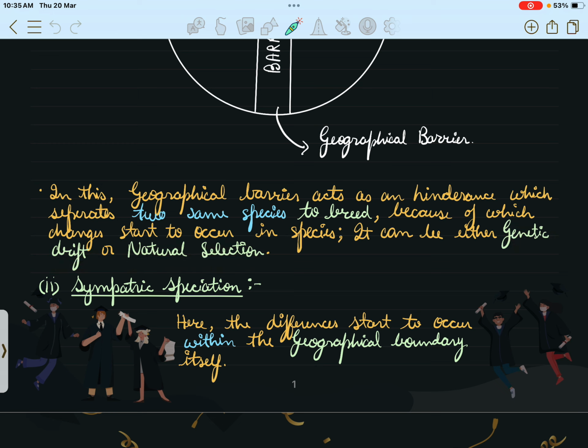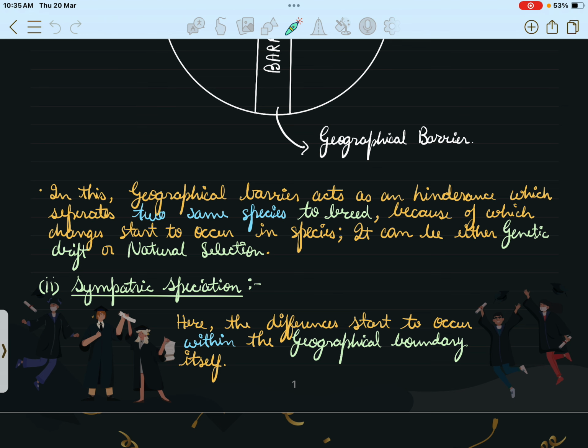One of the best examples that I can give you for allopatric speciation is the finches of Darwin. मतलब जो if we have knowledge about Darwin's finches, then we get to know that in different islands there were the same species of finches which migrated, but they had some sort of morphological changes in their body due to the food that they got or the habitat that they lived in.